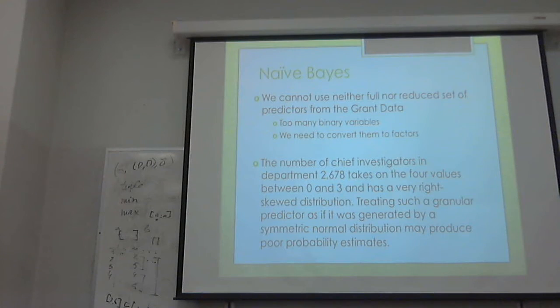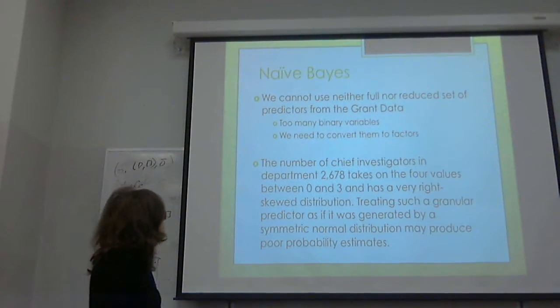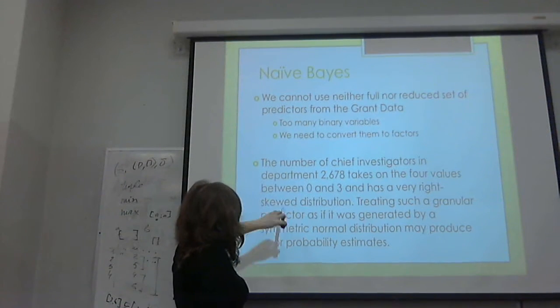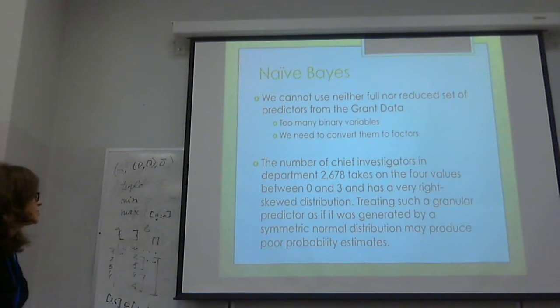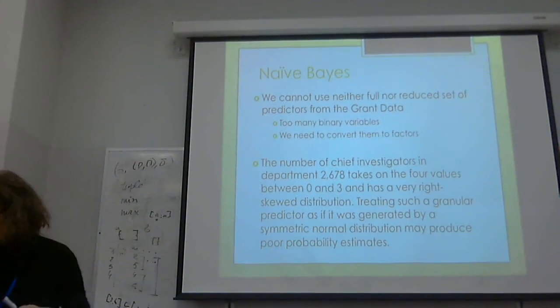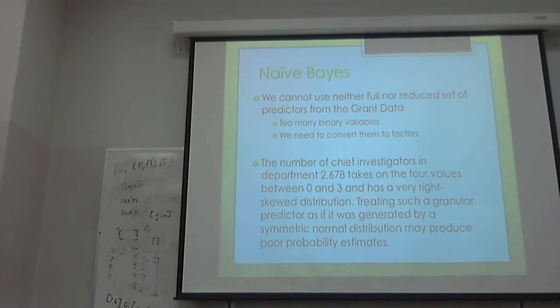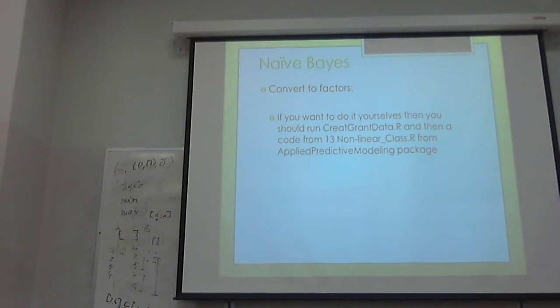Also, the number of chief investigators in a department takes one of 4 values between 0 and 3, and has a very right-skewed distribution. That's why some transformation is required for the data.